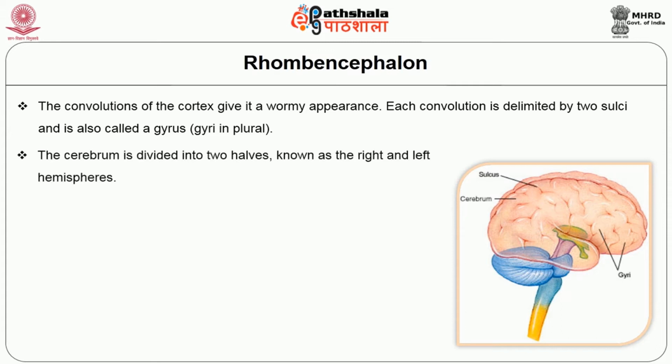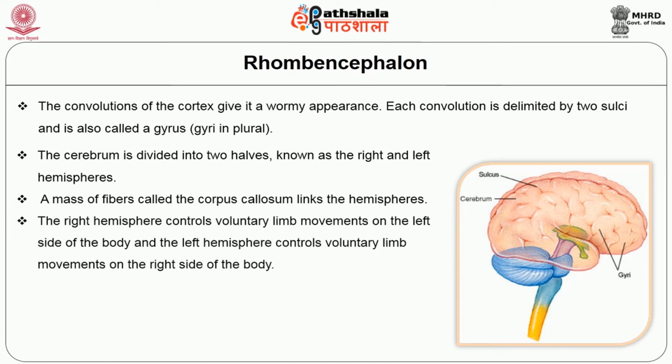The cerebrum is divided into two halves known as the right and left hemispheres. The mass of fibers called the corpus callosum links the hemispheres. The right hemisphere controls voluntary limb movements on the left side, and the left hemisphere controls the voluntary limb movements of the right side of the body.